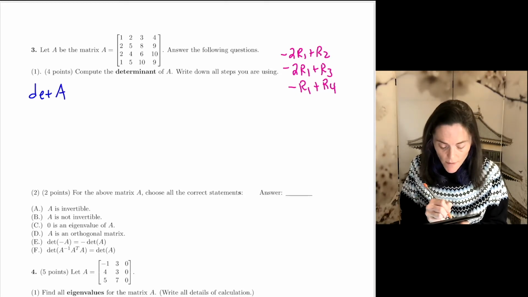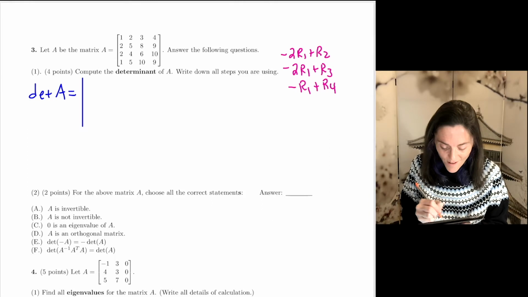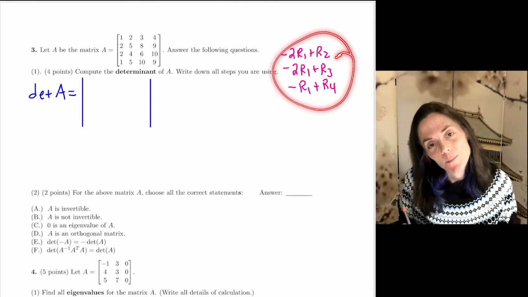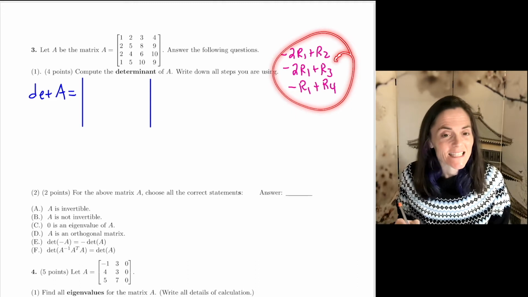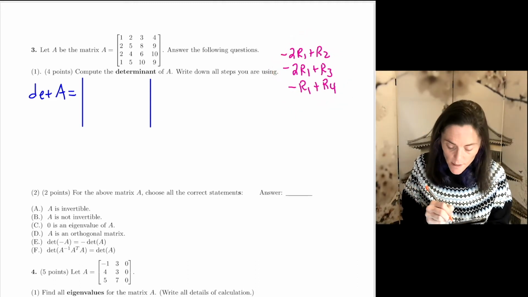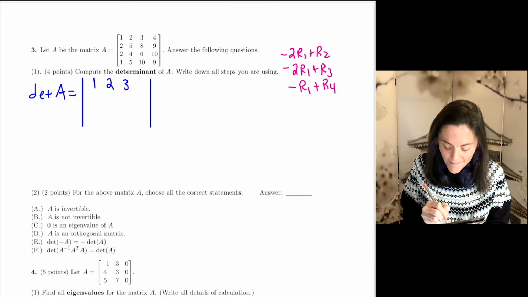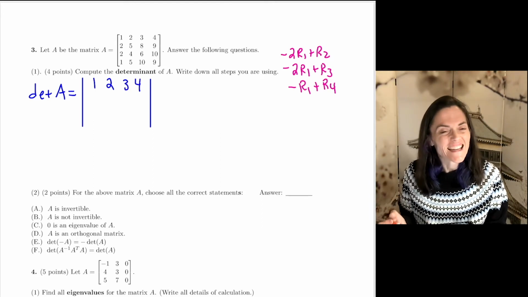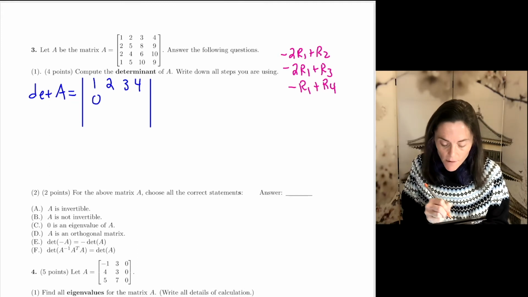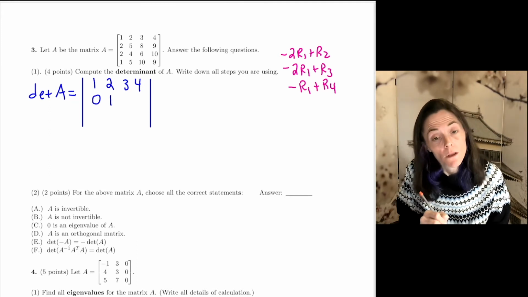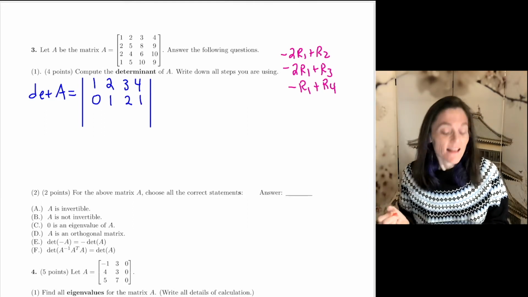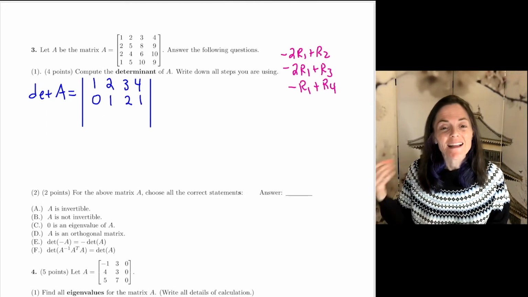So the determinant of A will equal, first of all, these 3 do not change the determinant. Adding a multiple of one row to another does not change the determinant. And so I have 1, 2, 3, 4. And then we take -2 row 1, add it to row 2. I have 0, 1, 2, 1. Then -2 row 1, added to row 3.